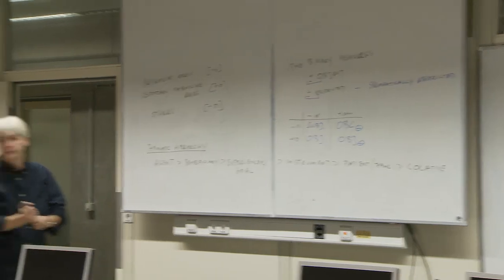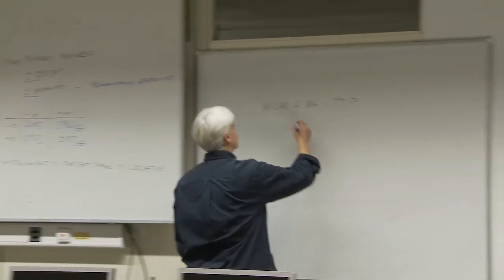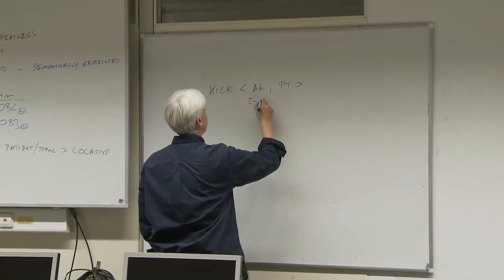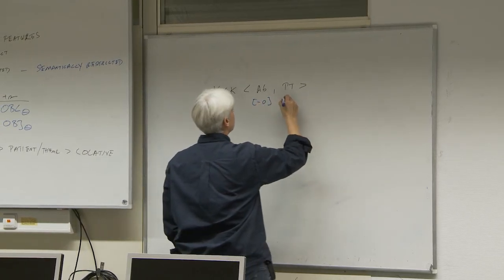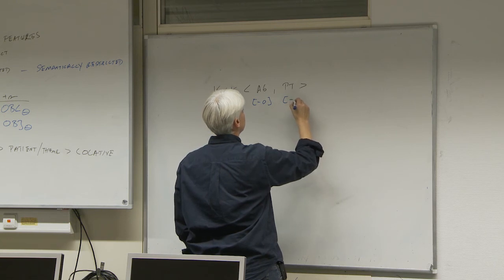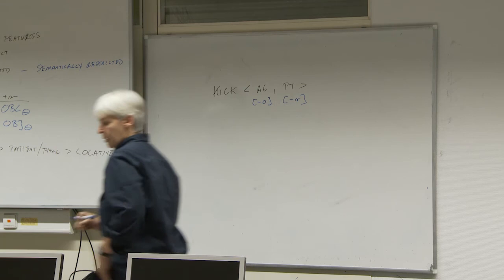You tell me. We say an agent is a what? A minus O? And a patient is a minus R. Okay, good.